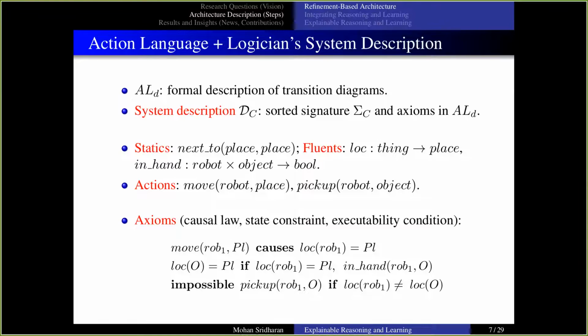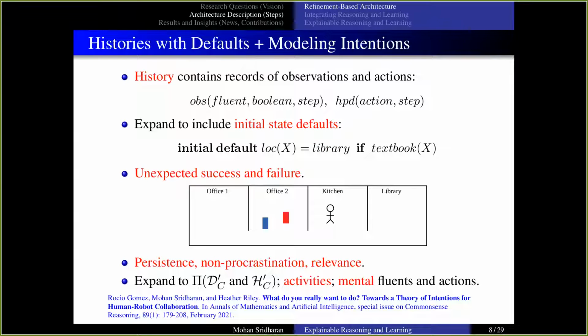Okay, so then the other component, of course, is the history, which contains a record of past observations and actions, right? What actions happened and what observations of fluents being true or false did the robot observe at particular time steps. We expand this to include initial state defaults, where you can say that initially, I believe the textbooks are typically in the library, and we provide means for the robot to recover from any such errors that come later when the defaults are not met.